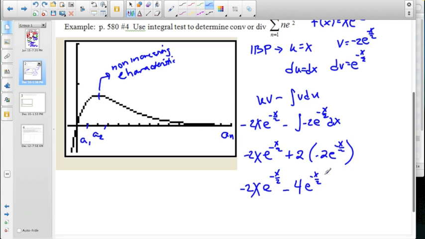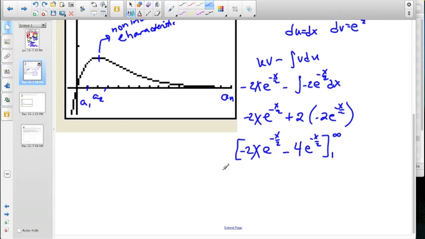And so we have to evaluate that between 1 and infinity. And really now we're talking about an improper integral. So really we need to take this infinite limit and set it equal to a variable. We'll call it b. And so we have minus 2x over e to the x over 2. I just want you to be really certain that that's in the denominator. Minus 4 over e to the x over 2.